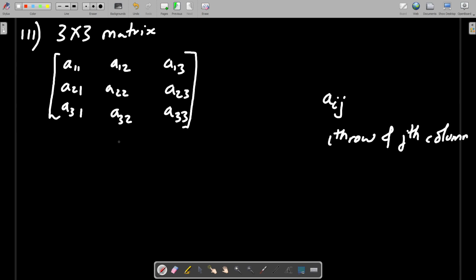Now, there are many formulas for calculating this, but I'll teach you only one. There's less time to teach all the other ones. So this is the basic one.